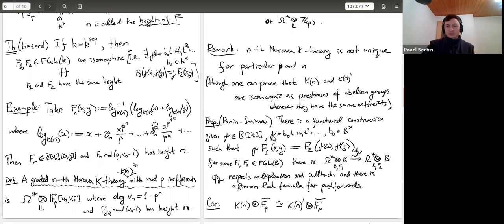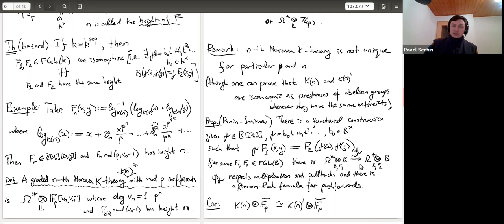So we have an isomorphism gamma between F1 and F2. We can look at the corresponding free cohomology theories. And there is this phi_gamma, which respects multiplication and pullbacks, but it does not respect pushforwards in general. But there is a precise formula that tells you what happens with pushforwards, which is called a Riemann-Roch formula.